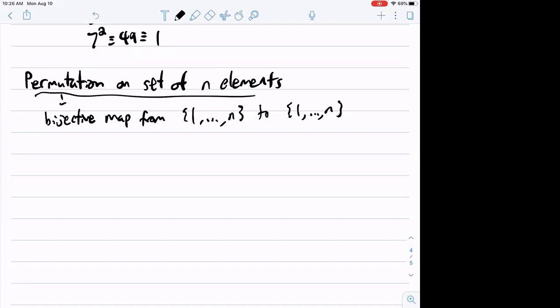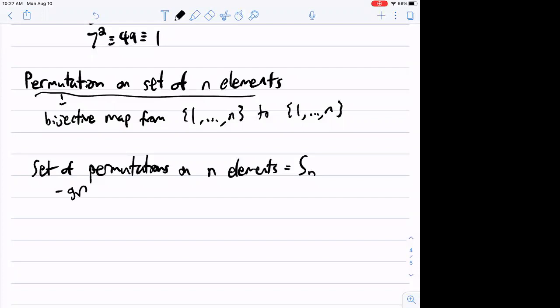So what are all the ways? Let's consider the set of permutations on n elements. We call it Sn. It turns out it forms a group under composition.